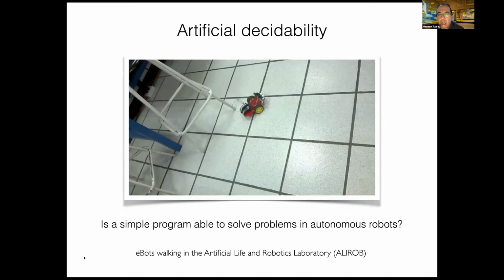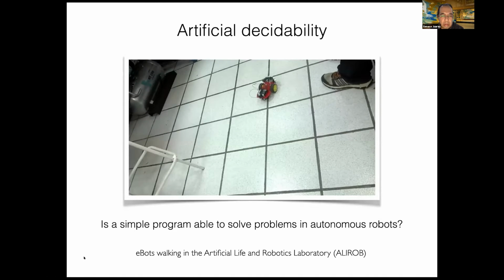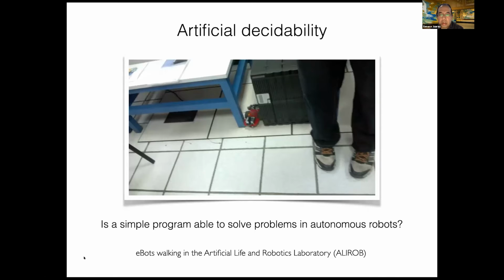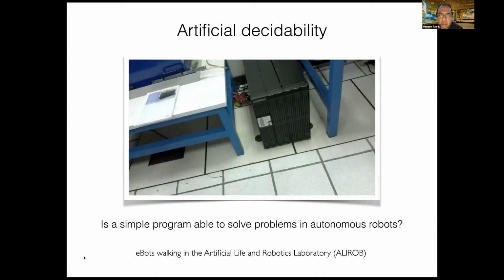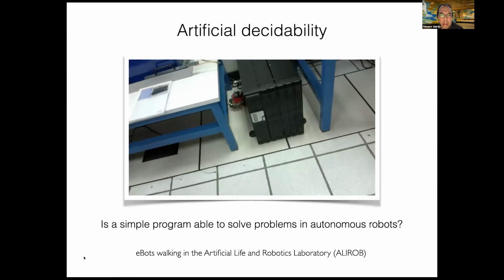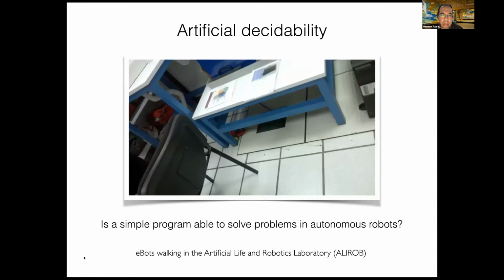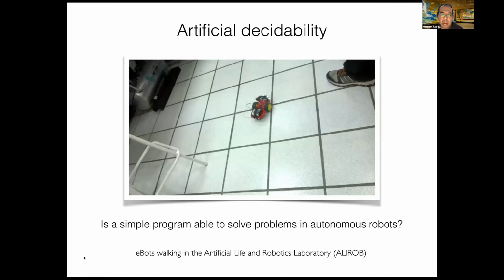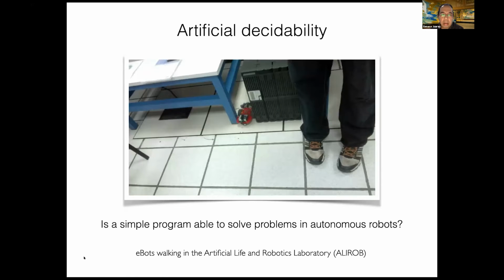Okay, here we have a simple experiment. In our laboratories, we constructed a simple robot, the e-bot. This robot has only 2 parameters, because this robot has only distance sensors, and only takes 2 decisions to walk on the surface.